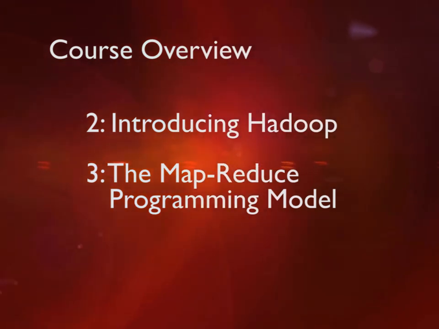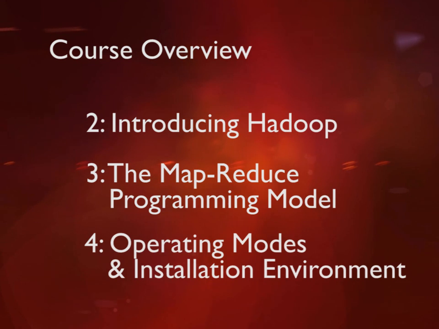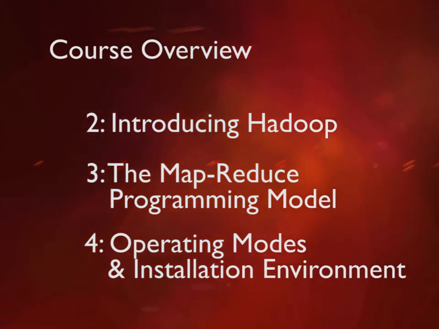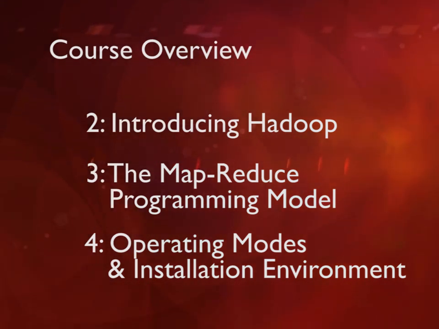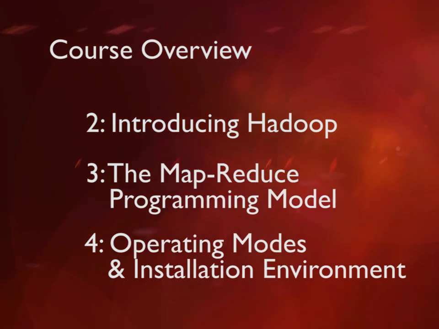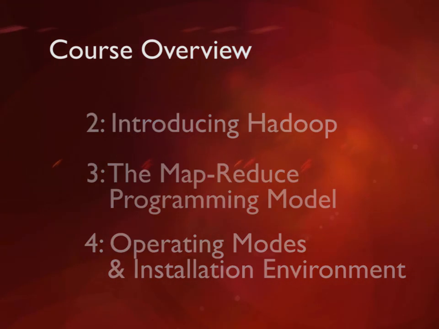Before we install Hadoop, we talk about its operating modes in Chapter 4, and we get our environment ready for installation. If you're using a Windows machine, the second half of Chapter 4 walks through setting up a virtual machine running Linux and configuring this for Hadoop installation.